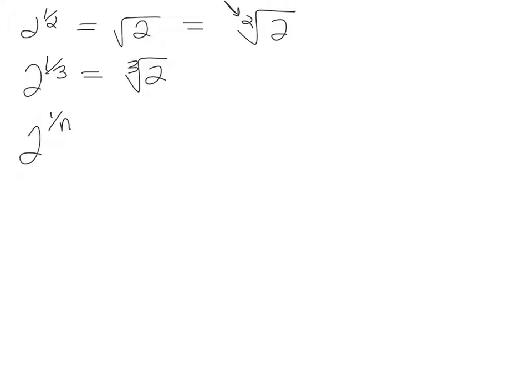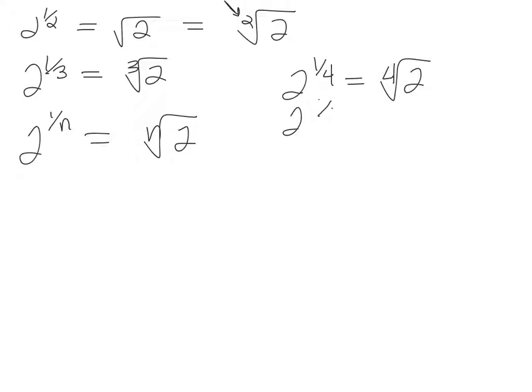Something raised to the 1 over n power is the nth root, right? Makes sense. How about 2 to the 1/4 power? Yep, that's the 4th root. 2 to the 1/10 power is the 10th root. We could go on and on, but who wants to do that, right?